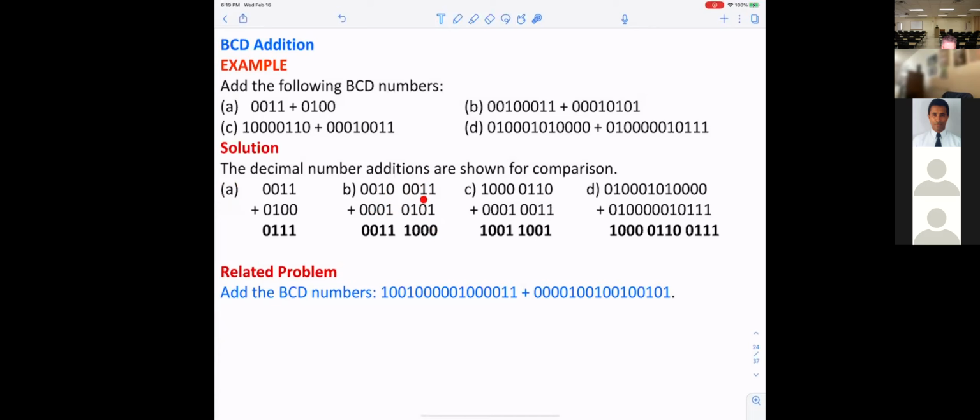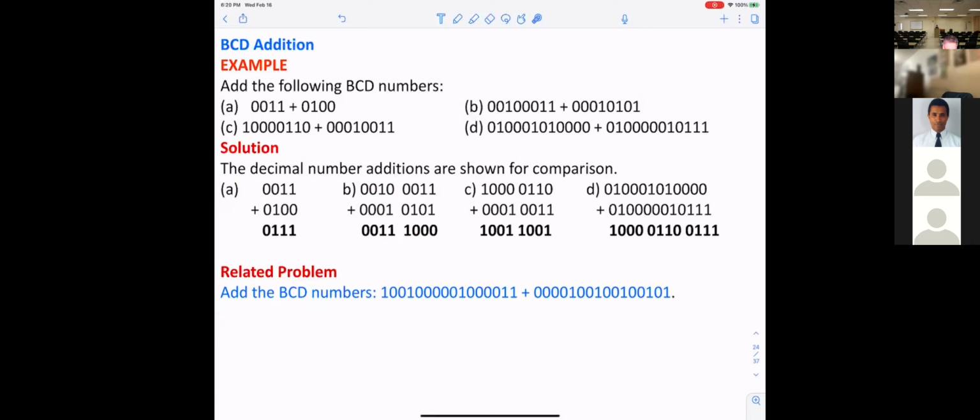So 1 adding to 1, you get 0, carry 1. 0 adding to 0, you get 0. Carry 1 up here. 0 adding to 1, you get a 1. 1 adding to 1, you get a 0, carry 1. Okay. And 0 adding to 1, you get a 1. 1 adding 0, you get a 1. 0 adding to 1, you get a 1. 1 adding to 0, you get a 1. 0, 0, 0, 0, get 0.